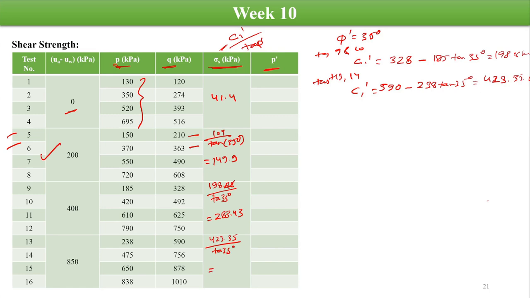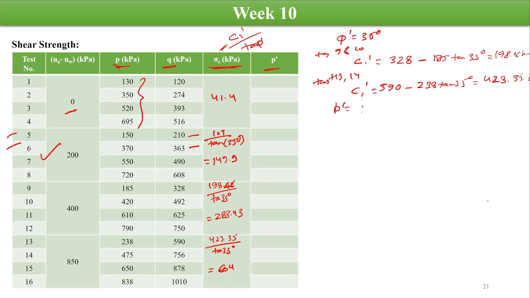So sigma s, the suction stress, will be 604 kPa, right?